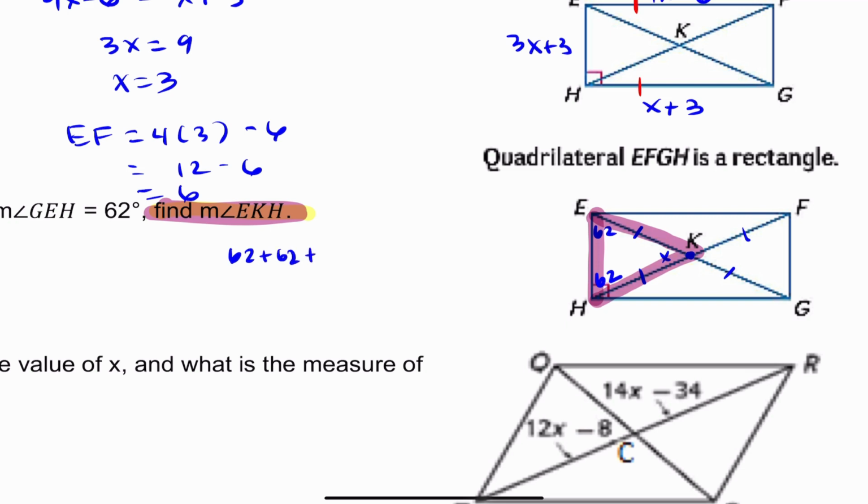And then I'm going to add the x and set that equal to 180, because the sum of the interior angles of a triangle is 180. Then I'm going to combine the like terms here. 62 plus 62 is 124.